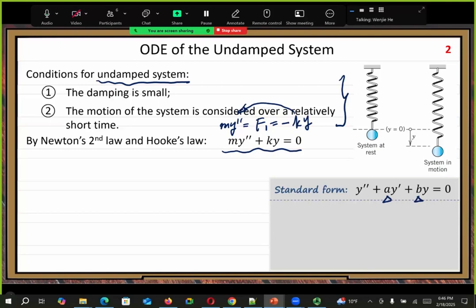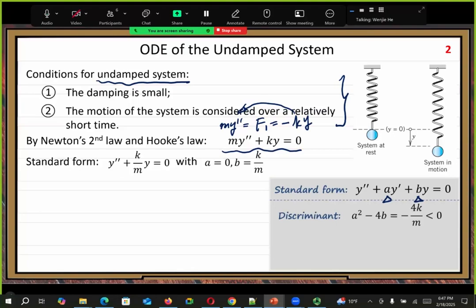So we use the quadratic formula, so there is a discriminant concept. Here we simplify the standard form: A equals 0, B equals k over m.